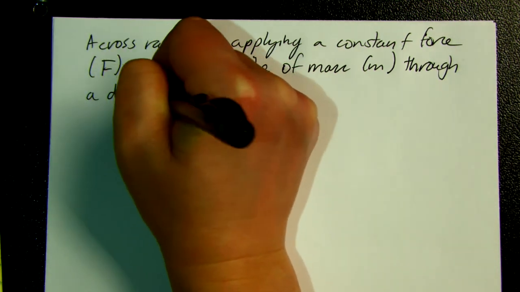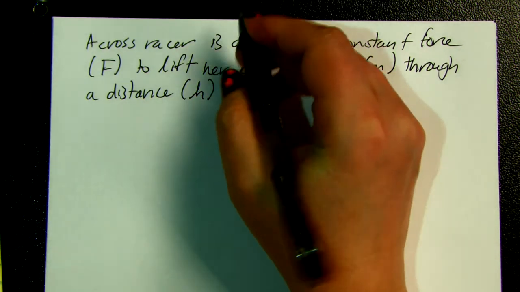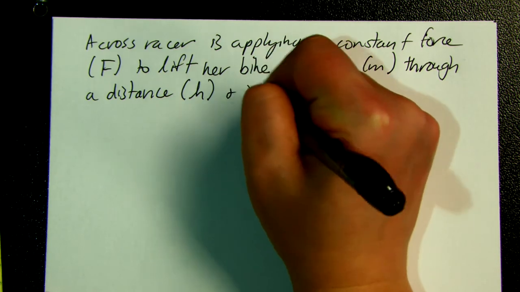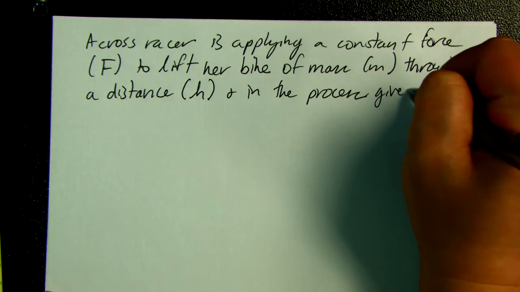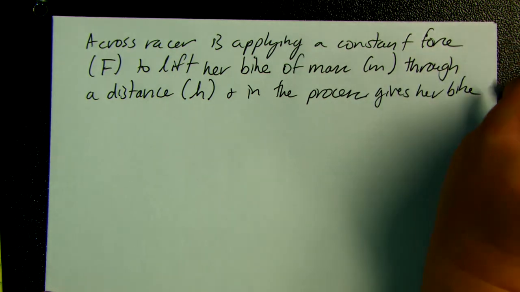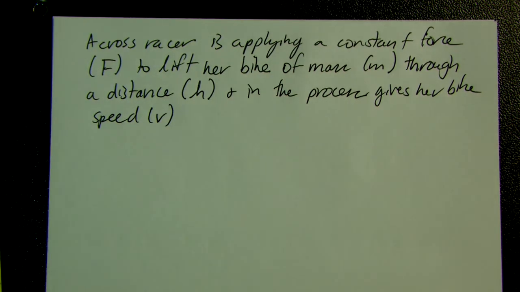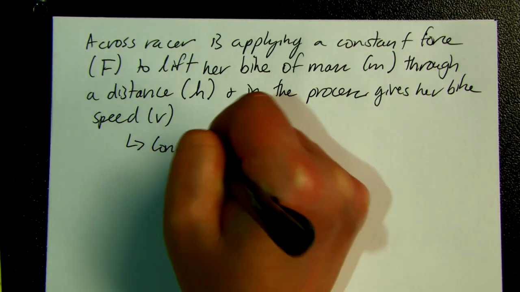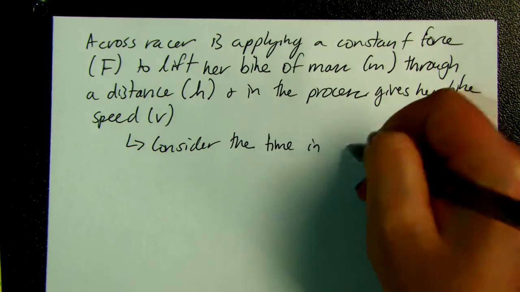Oh, and the reason I like this is because I've done cross racing. Through a distance h, and in the process gives her bike speed v. Okay. And we're going to consider the time in motion.